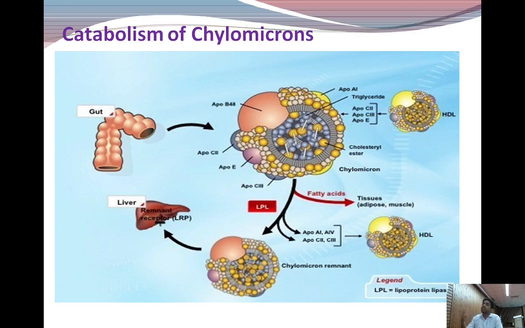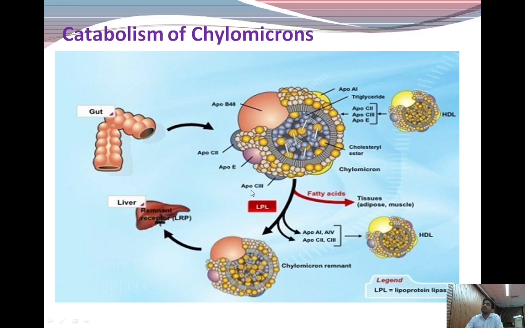But ApoE and a little bit of cholesterol, cholesteryl ester and triacylglycerol will form the chylomicron remnant, which will be taken up by the receptor into the liver. This receptor uptake is helped by ApoE. Remember, ApoE helps in the uptake of the chylomicron remnant into the liver, and hepatic lipase also.